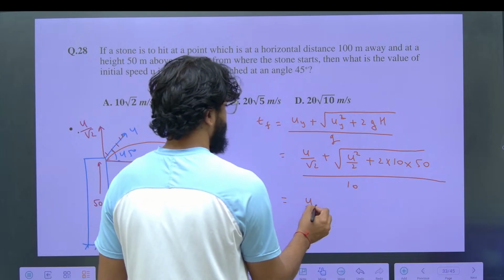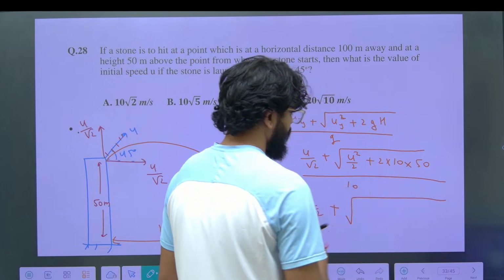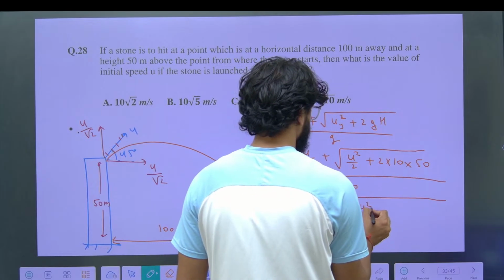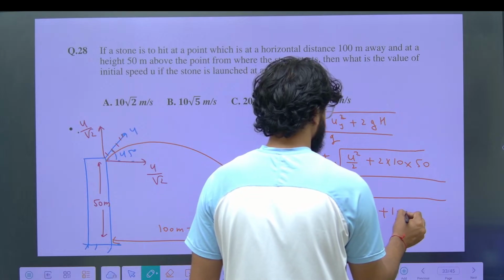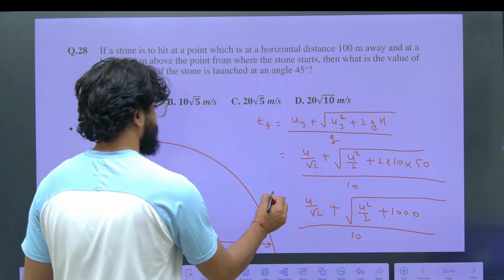So it is u by root 2 plus under root u square by 2 plus 1000, upon 10. Okay, correct. This is TF.